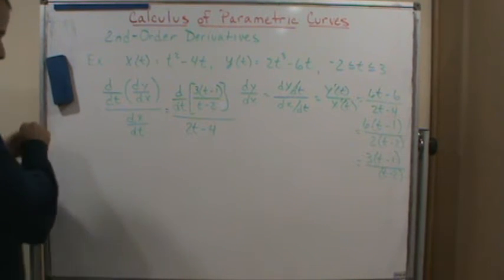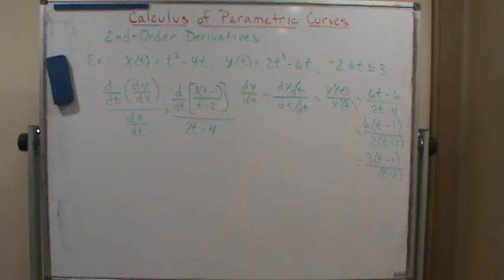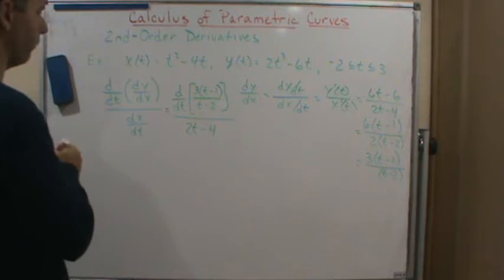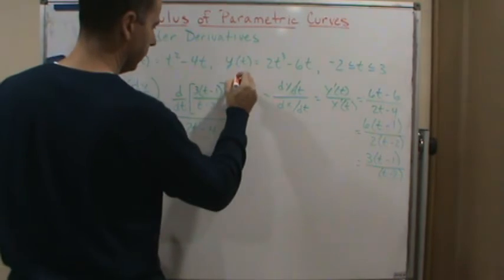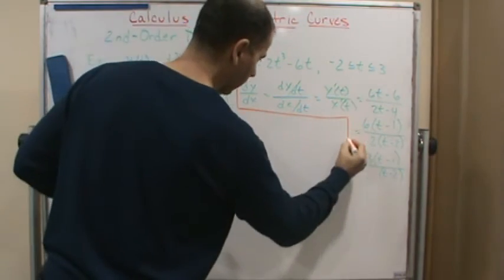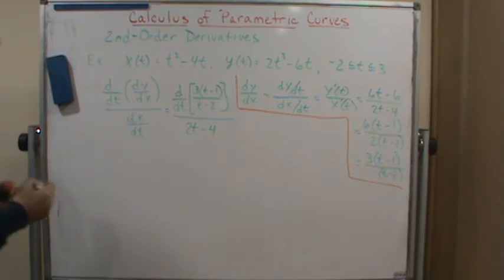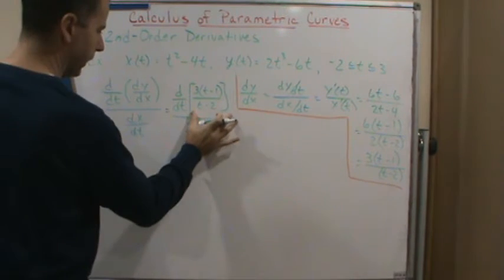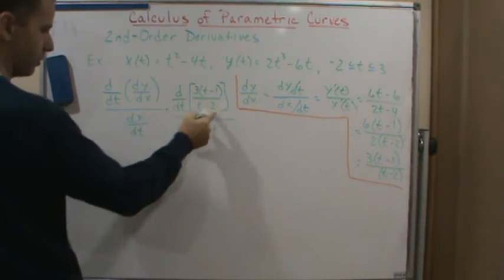Okay? So let's bracket this off so nobody gets confused by what I'm doing so far. That's one piece, right? So now I'm going to do some scratch work over here, and I'm going to figure out what this derivative is.